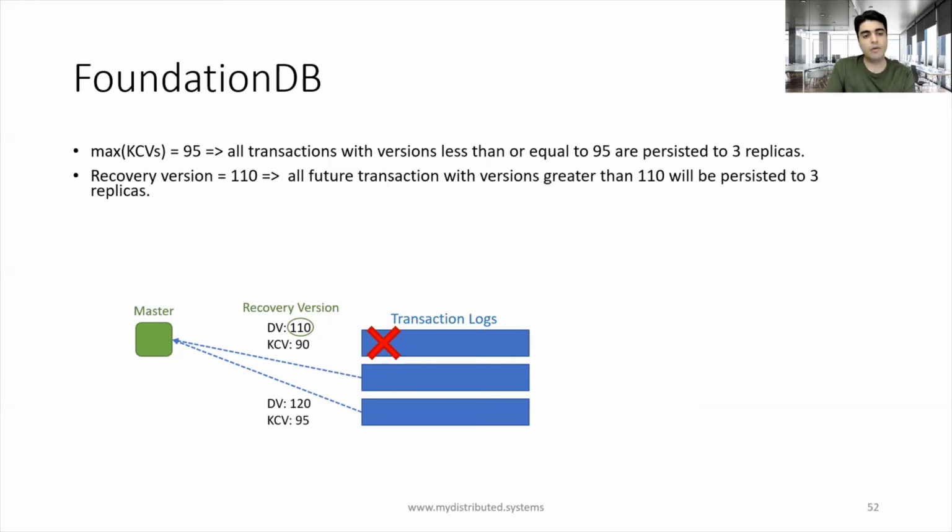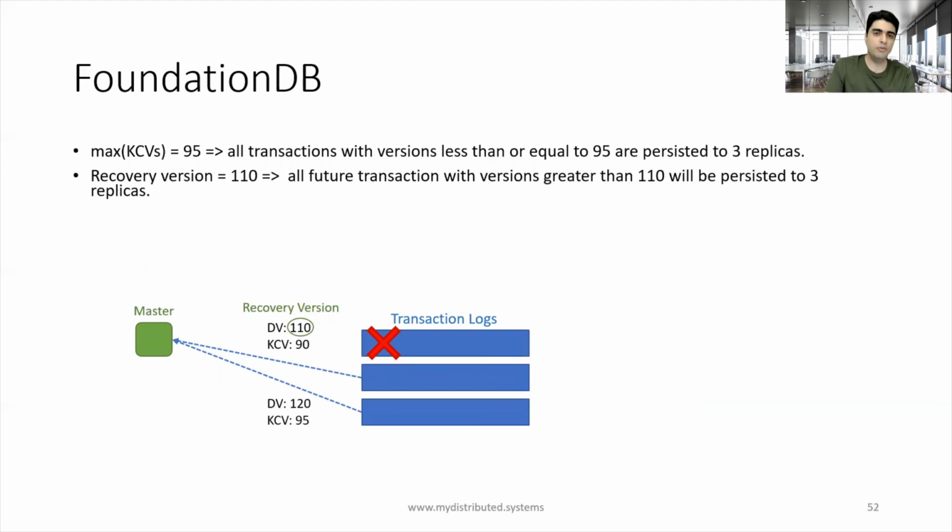So with the recovery version being 110, we know that all future transactions with versions greater than 110 will be persisted to 3 replicas, because we won't commit any transaction unless we are sure that that transaction has been appended to all transaction logs. So all future transactions will have 3 replicas.